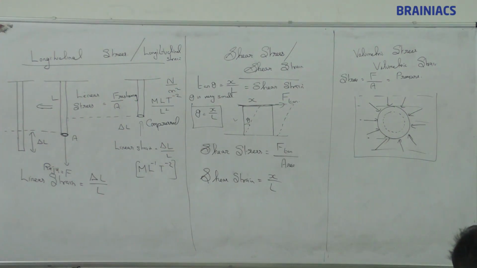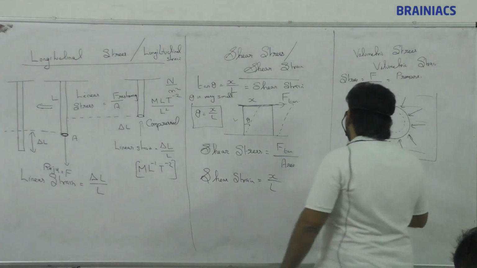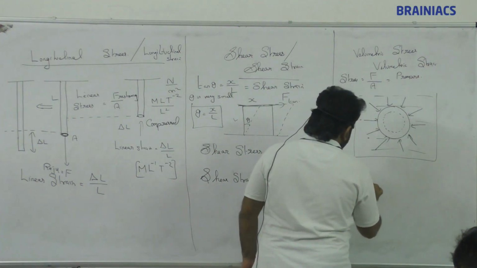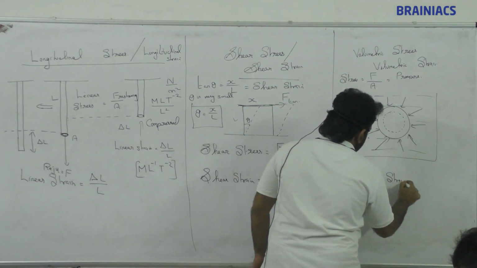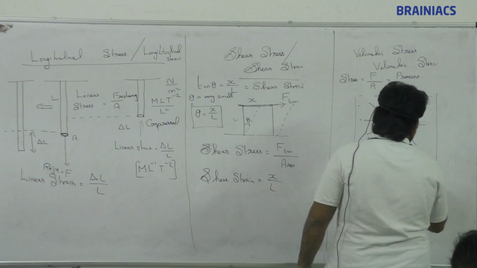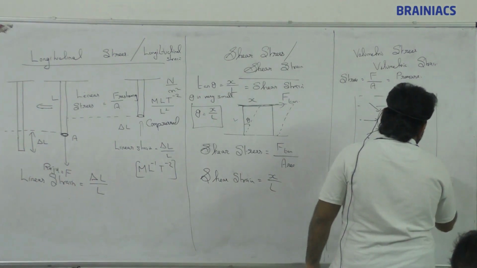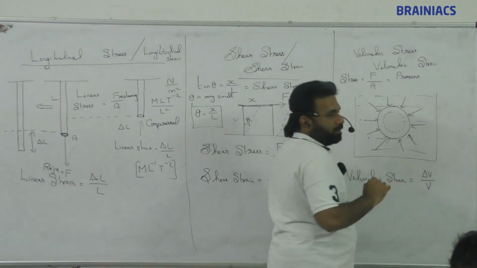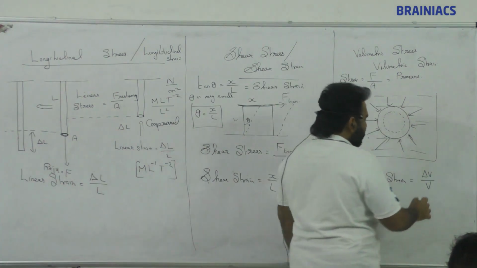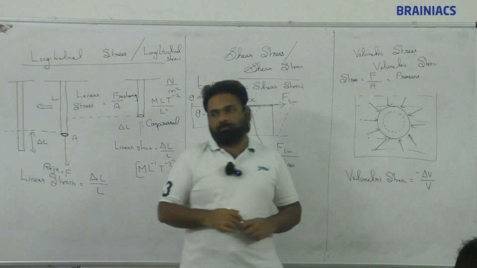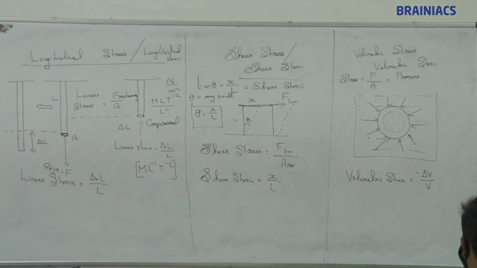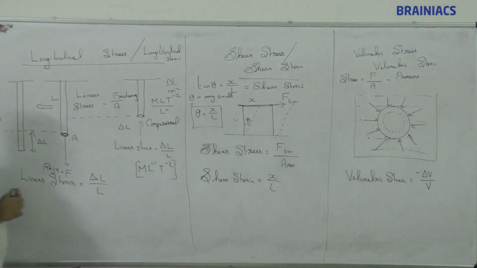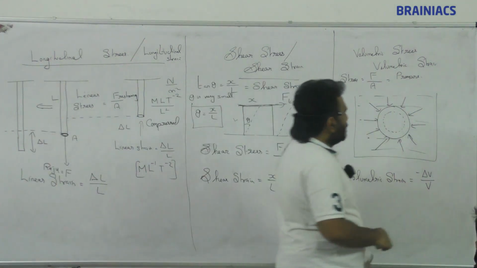Volumetric stress is pressure. So volumetric strain we can say delta V divided by V. Since this volume will always decrease, we can say negative. In the case of volumetric stress and volumetric strain, this is always going to decrease, so we put minus delta V by V. Is it clear?